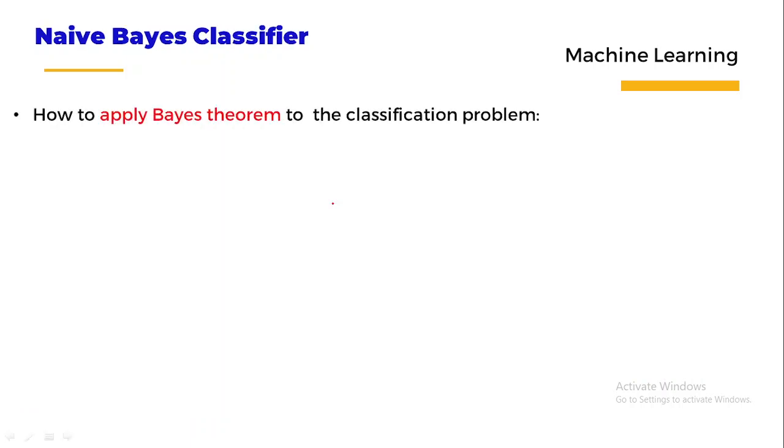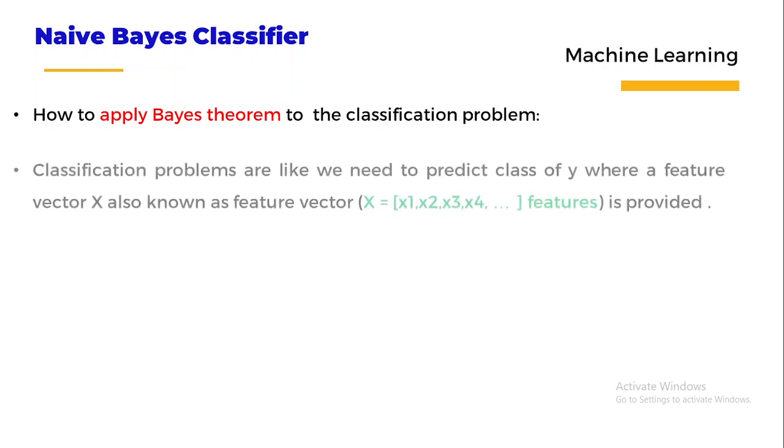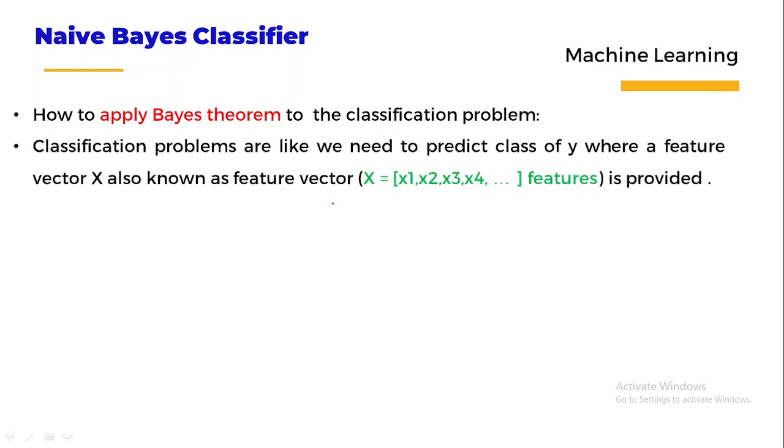Now we will see how to apply this Bayes theorem to any classification problem. Suppose we have one classification problem that contains independent and dependent features. We need to predict the class of y, where X is the feature vector.